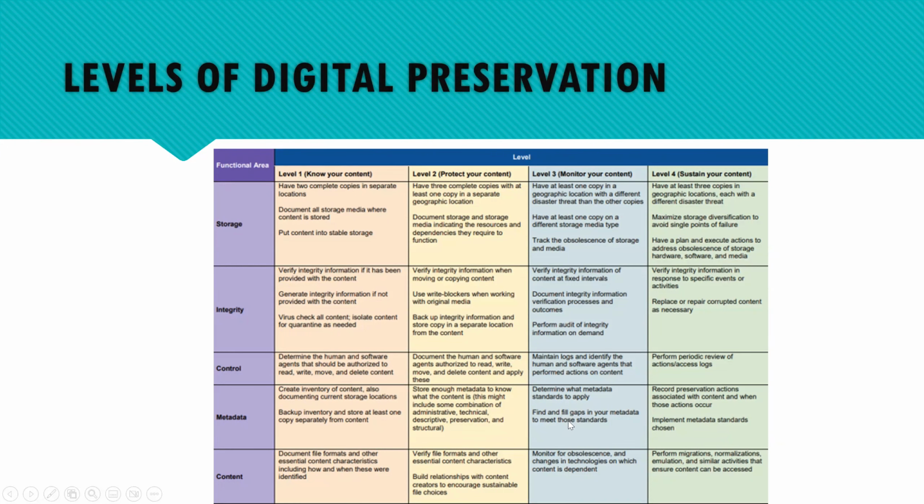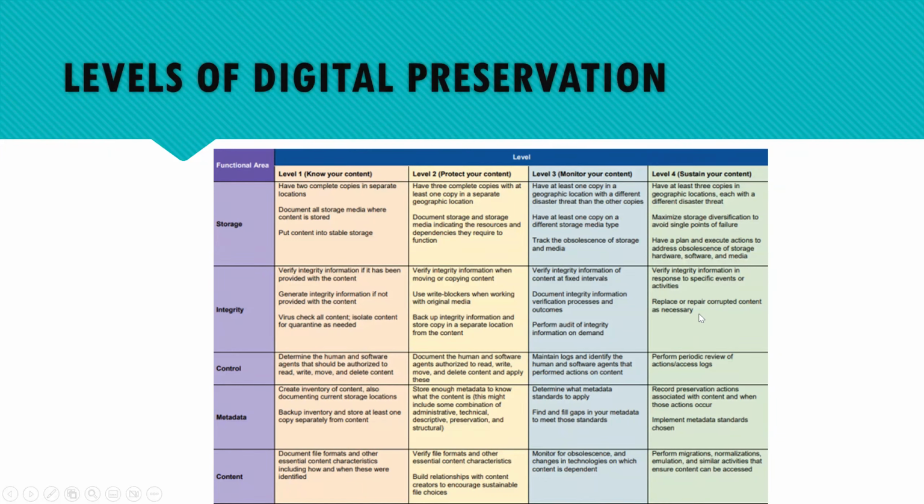Metadata, being able to determine what metadata standards to apply, that takes a certain amount of expertise. Being able to find and fill gaps in your metadata to meet those standards. So that takes skill and expertise. Looking at integrity, I talked about fixity checks. Being able to replace or repair corrupted content as necessary.